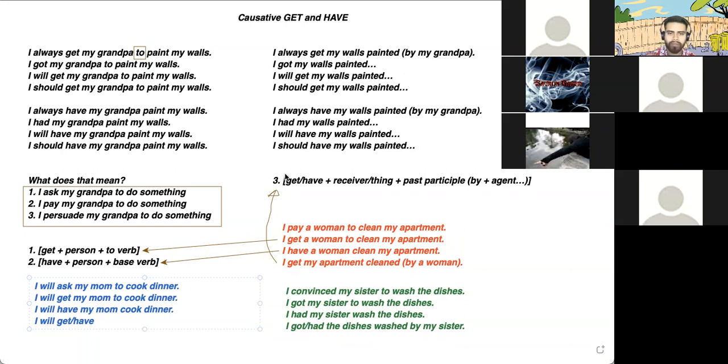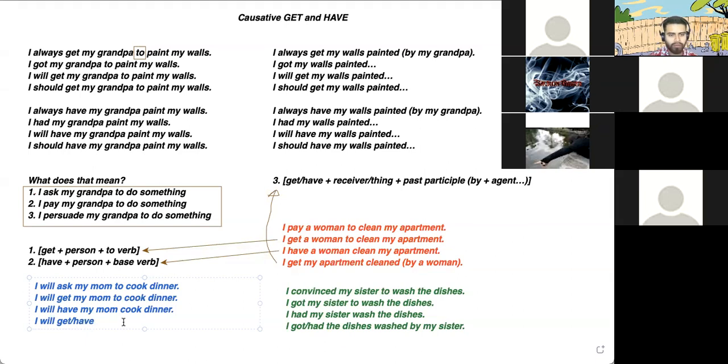No, the third formula. I get cooked dinner. Cook is a verb. Pardon.